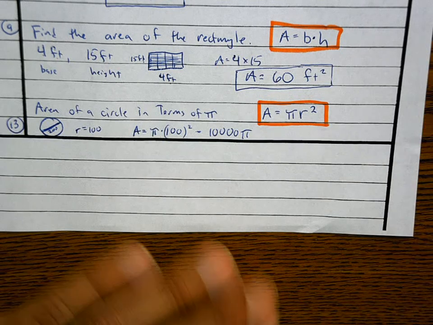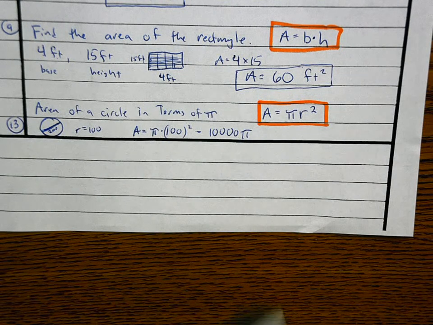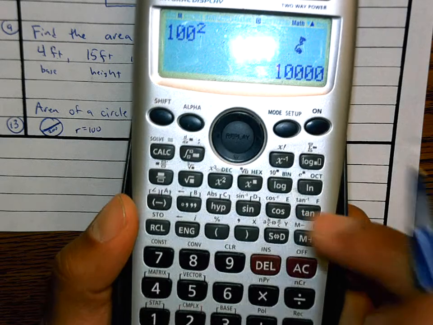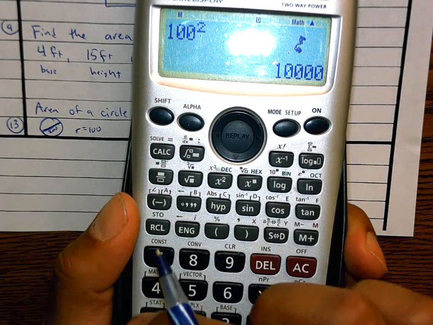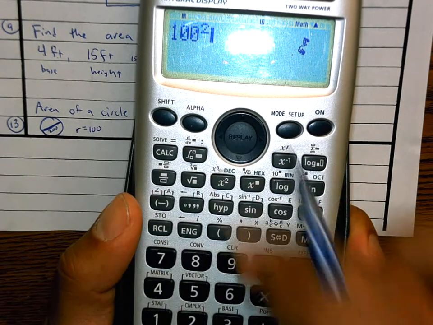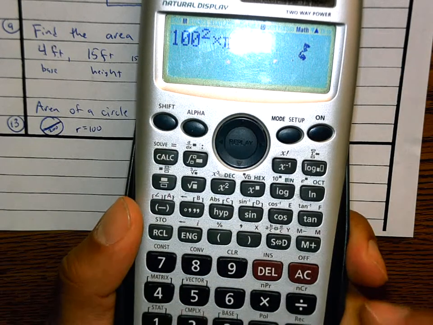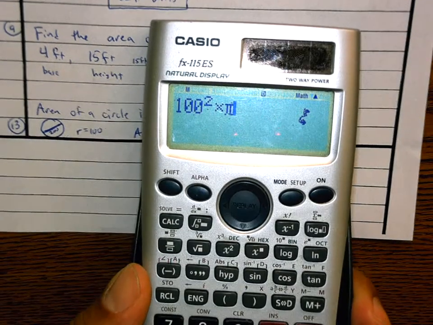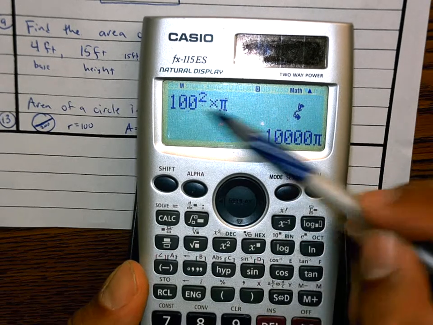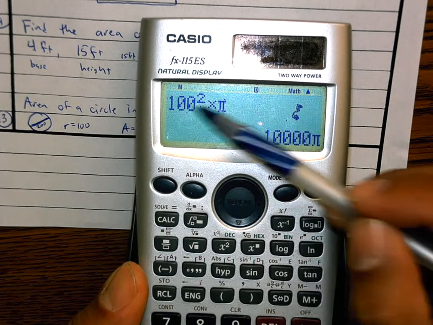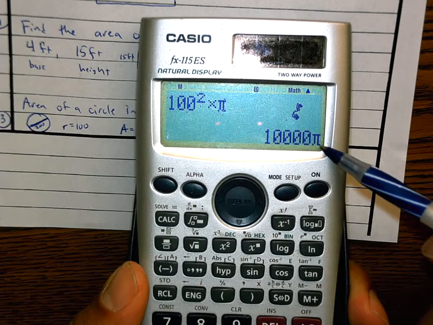And I just want to show you that just in case you wanted to put in the pi as well, let's do 100 squared times shift pi. What I like about these particular calculators is they will actually put it in terms of pi for you. If you want to put the pi in there, it will do it in terms of pi.